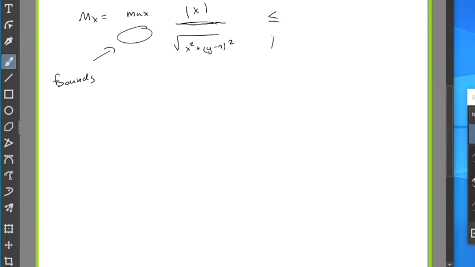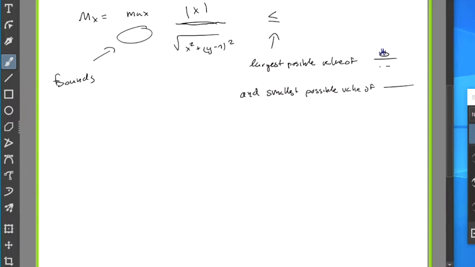So the strategy here is to determine the largest possible value that the numerator can have, and the smallest possible value of the denominator.